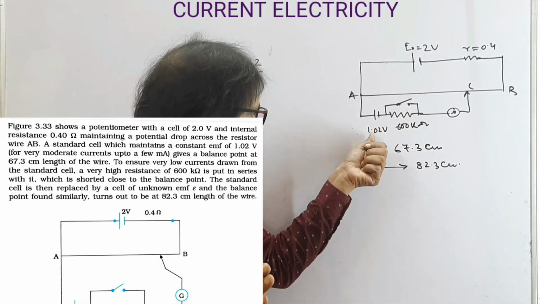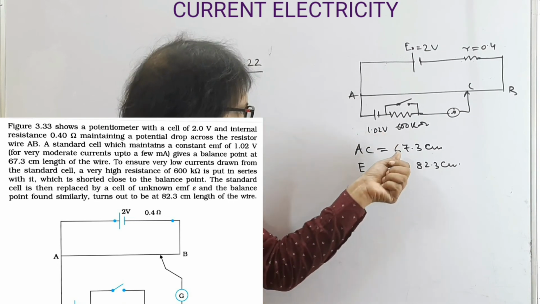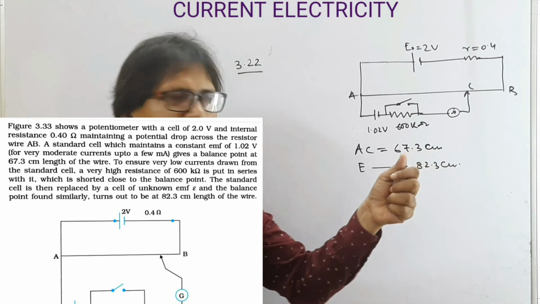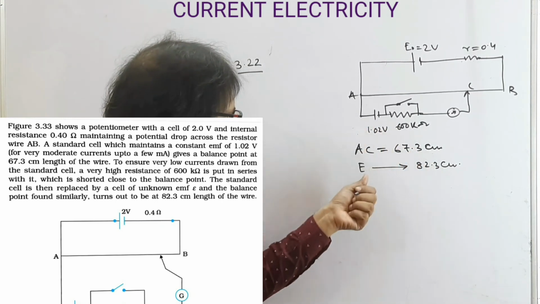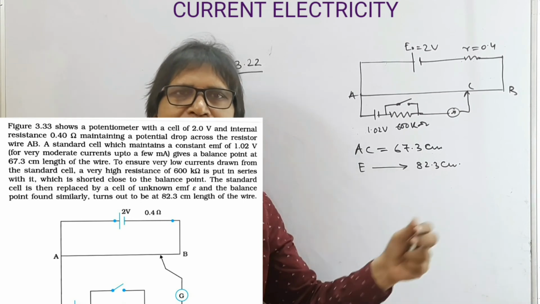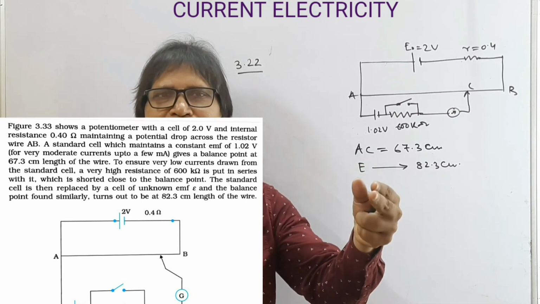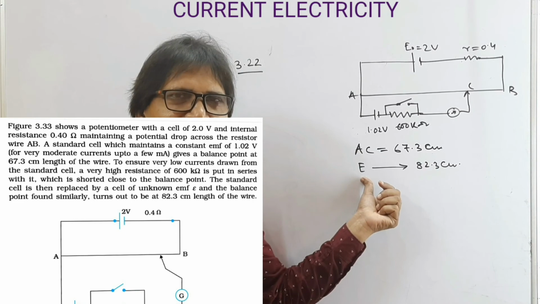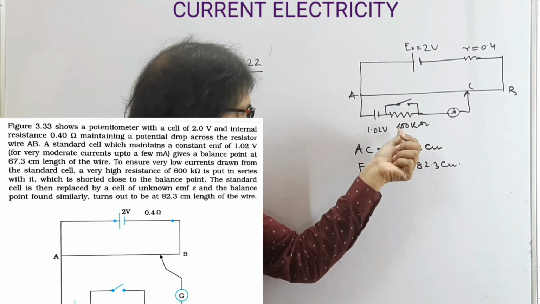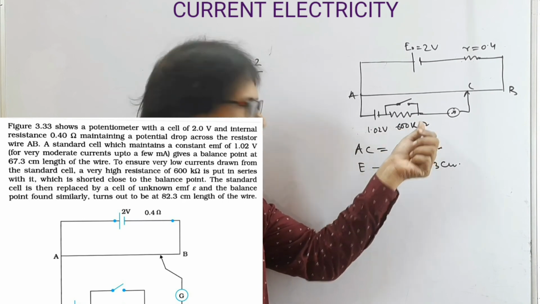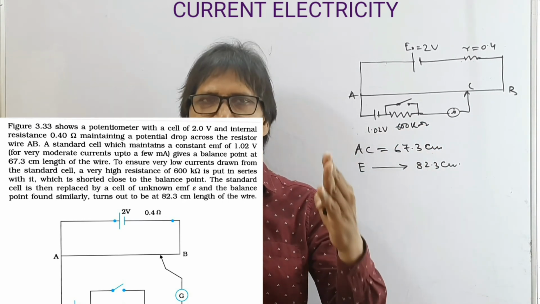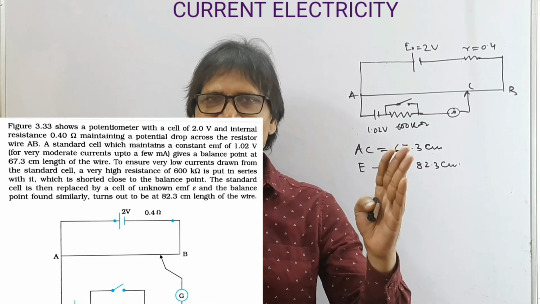The EMF of the cell is 1.02 volt and the null point obtained is 67.3 centimeter. Now this cell is replaced by another cell of EMF E. The null point is obtained at 82.3 centimeter. Find the value of E. Okay, and what is the purpose of it? The 600 kilo ohm resistance does not affect the null point. It protects the galvanometer from excessive current.